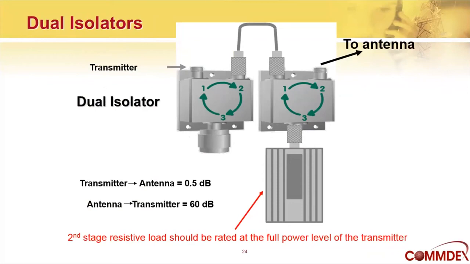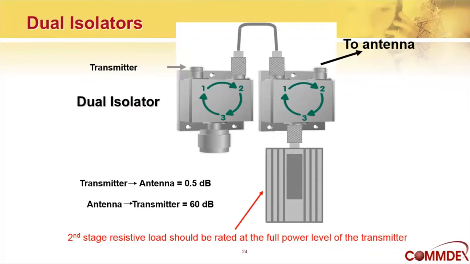And then each one will have a dummy load on it. But notice that the one closest to the antenna has a bigger load on it than the first one. So the second stage isolator needs to have a load that's rated for the full rated power of the transmitter.